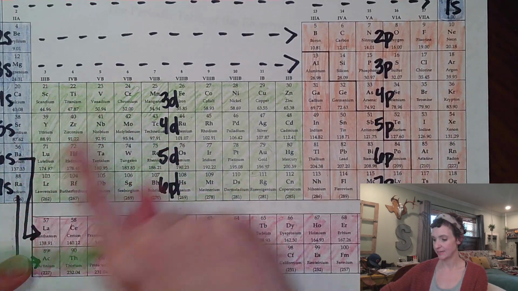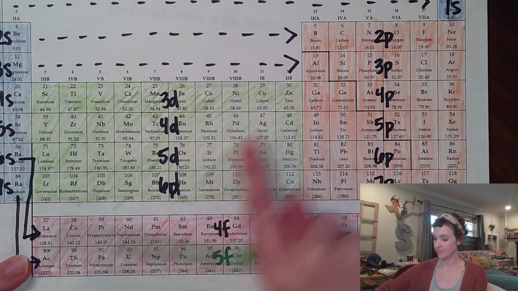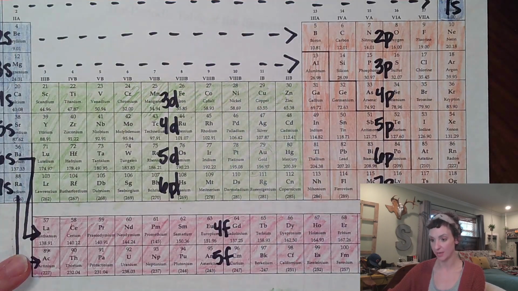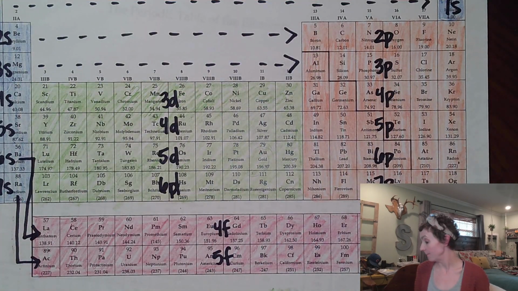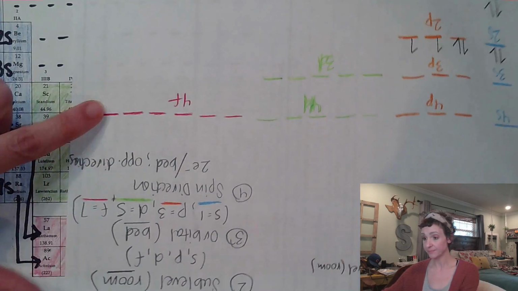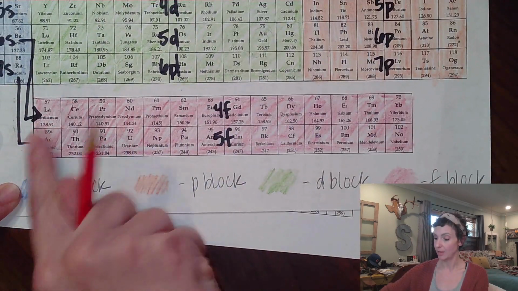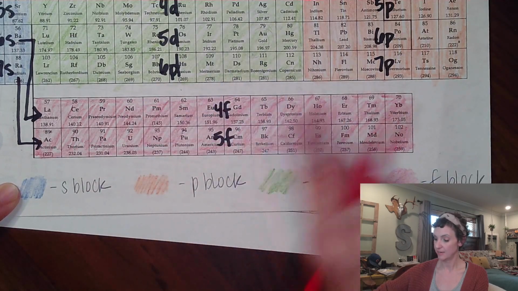And so I colored my transition metals here. We're going to talk about the transition metals next unit, but I'm going to color them that D color. This is my D block. And then finally, my big old room, my F room, I used the color red. So I'm going to color my F block red.